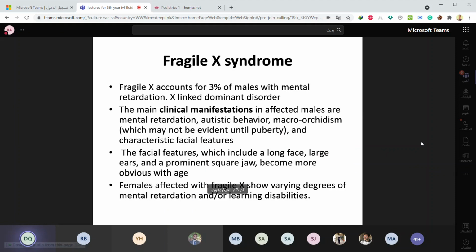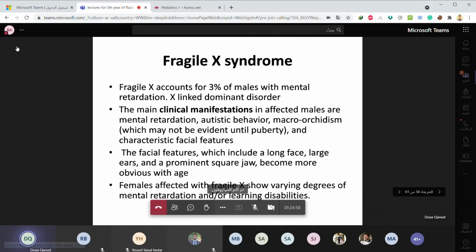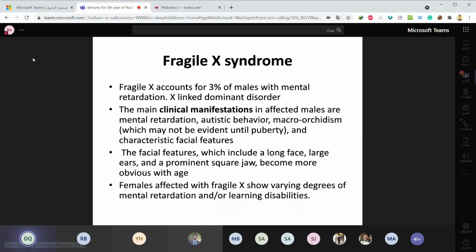accounts for 3% of males with mental retardation, X-linked dominant. The main clinical manifestations in affected males are mental retardation, autistic behavior, macroorchidism, which may not be evident until puberty, and characteristic facial features. The facial features, long face, large ears, prominent square jaw, become more obvious with age.